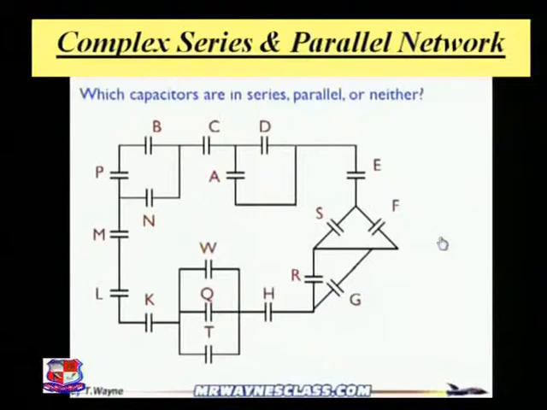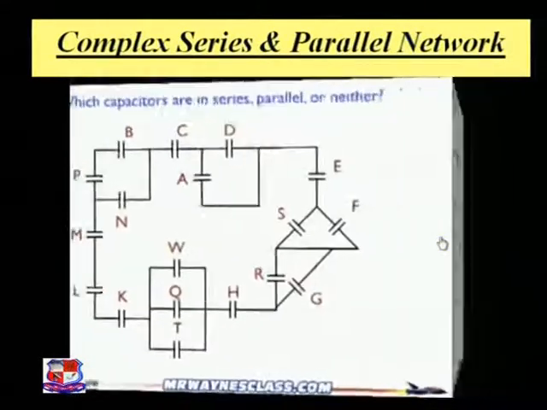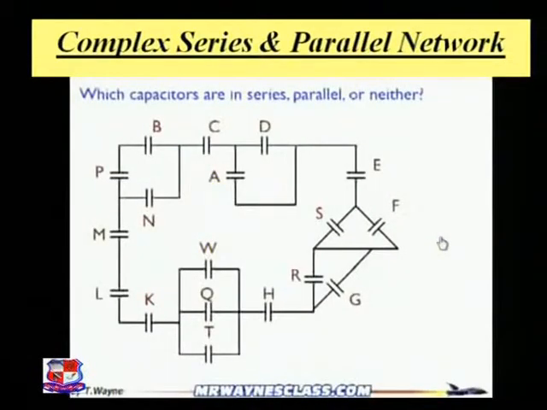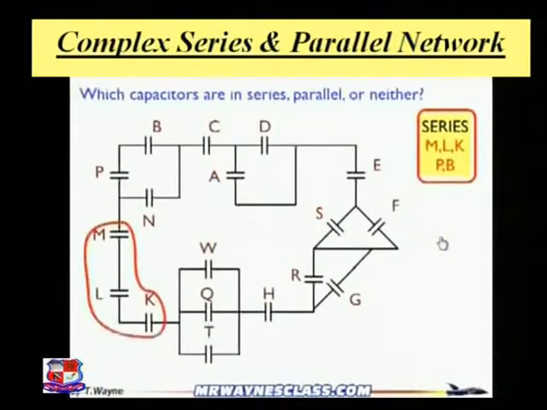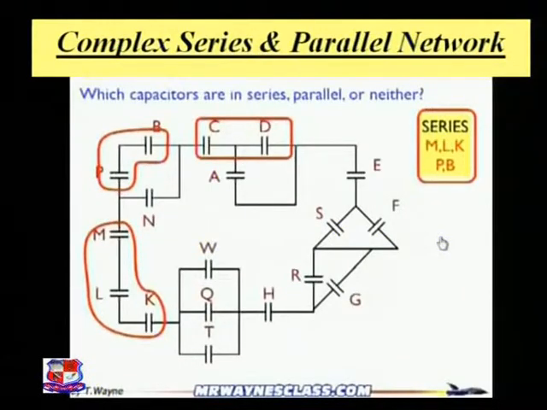Just note that whenever you are connecting capacitors, there must be no node between the two capacitors. So you see that B and P capacitors are in series, and the same for K, L and M. You cannot consider C and D as a series because between the two capacitors there is a node.